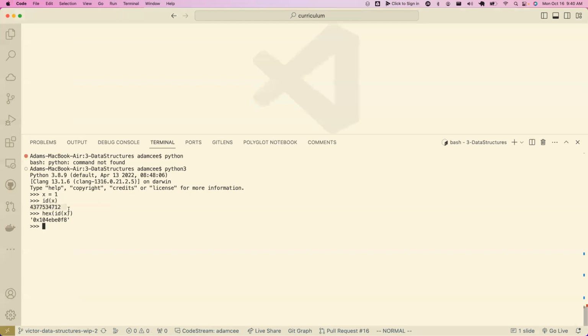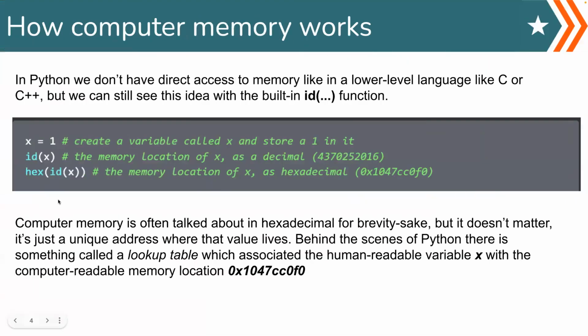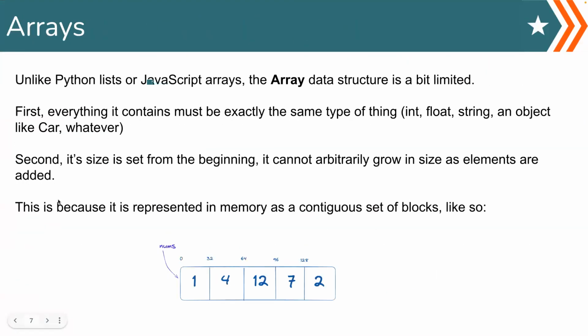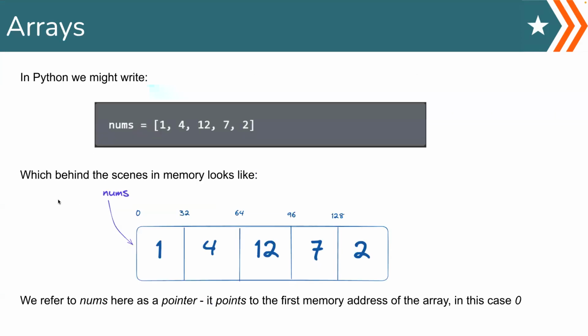Now, I don't know off the top of my head how to do it in Python, and we really wouldn't want to in Python, but I could give my program this value and say, go grab the value of whatever lives in memory at here. And in lower level languages like C and other places, that's how this works.